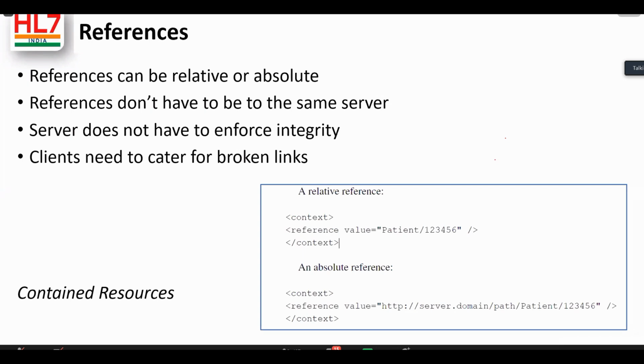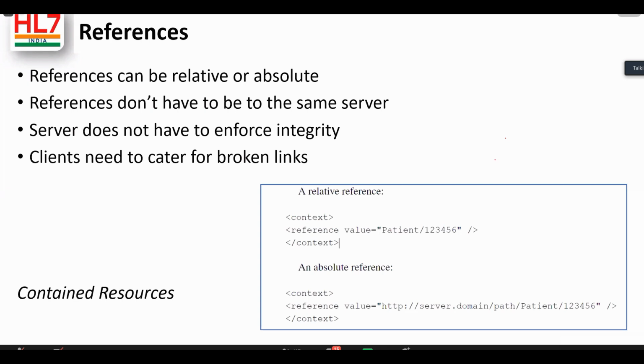So just keep that in mind when we are working with references: references are very flexible, but it's mostly the client's responsibility to make sure that when they give the request to the server, the references are proper.